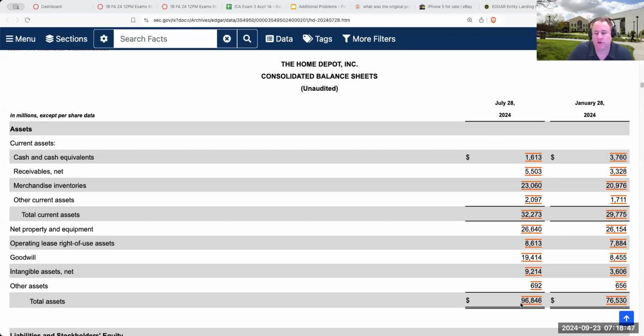Well, if I look over here at 96 billion, if something with other current assets were to be written off, is it material? Probably not really. If I was writing off inventory, which is almost a third of the balance sheet, is that material? That answer would be yes.